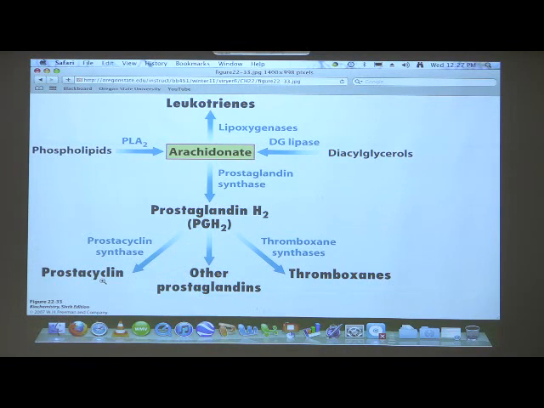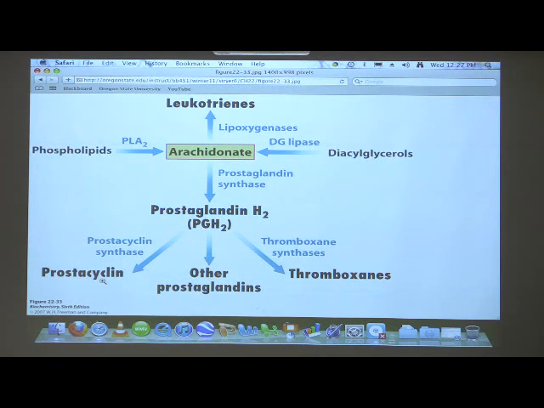Arachidonate has 20 carbons. It has 4 double bonds. And arachidonate is found in glycerophospholipids. That's where we find it.